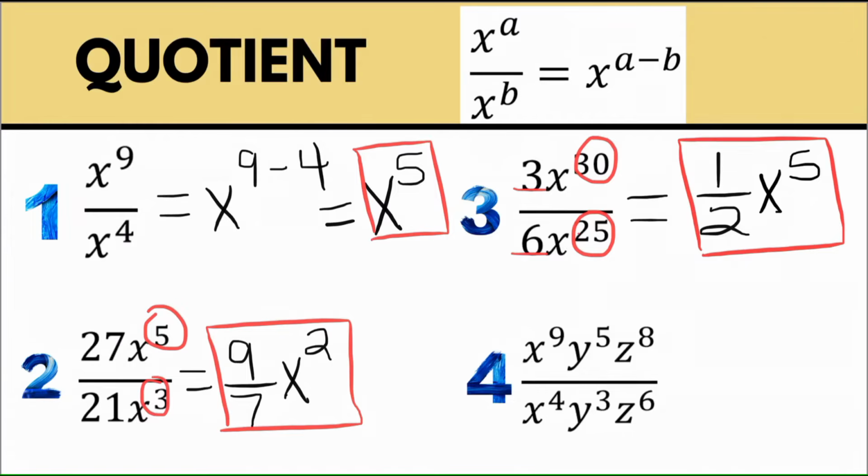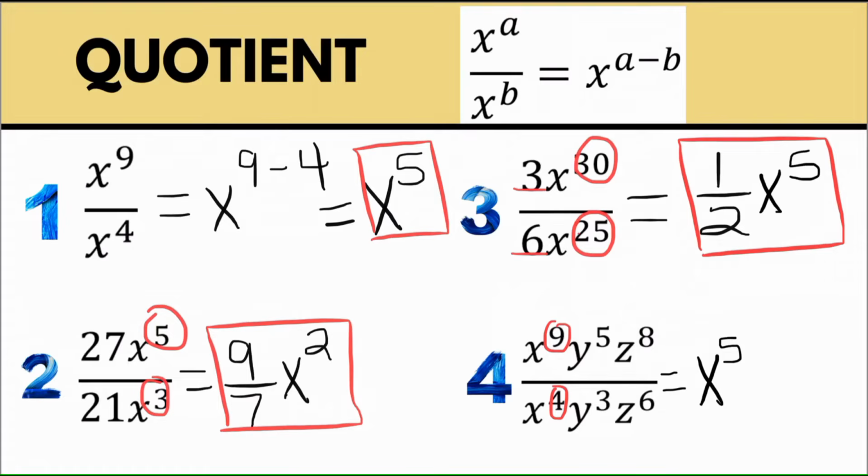Number 4. Ooh, lots of variables here. Again, I'm only combining like variables together. So x to the 9th divided by x to the 4th. You subtract those two. 9 minus 4 is 5. So this is equal to x to the 5th.